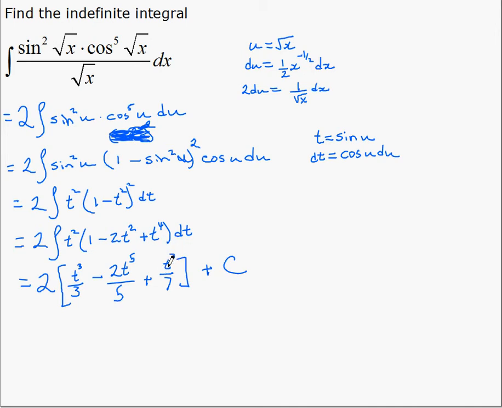Now that's in terms of t. We need it in terms of x, so for t we're going to put in sine u, and for u we're going to put back root x, and that'll give us our final answer.